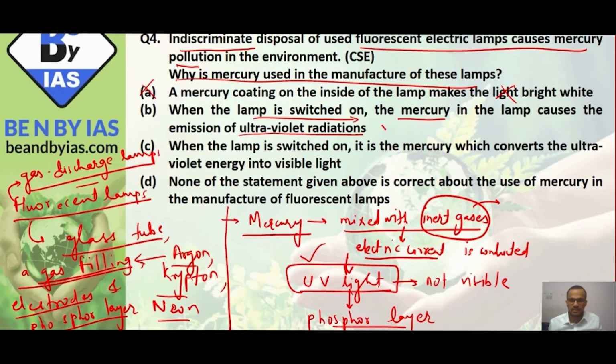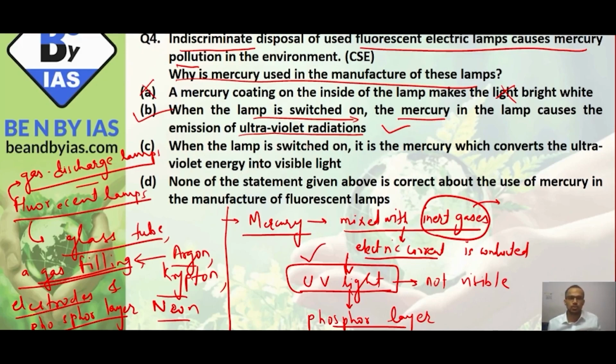Hence this is a correct statement, and that's why your answer should be B. Fine. Other options are cooked up options. They are not correct options, but still we will discuss the third statement, or C option.